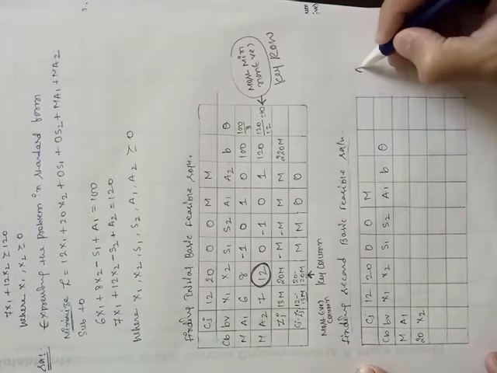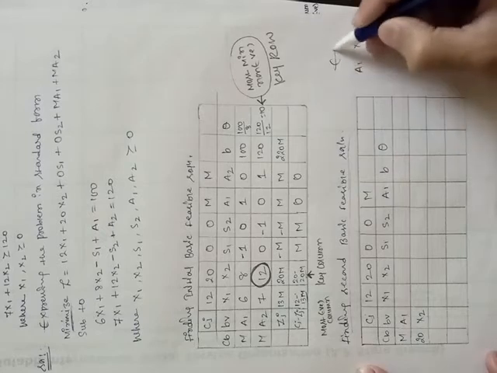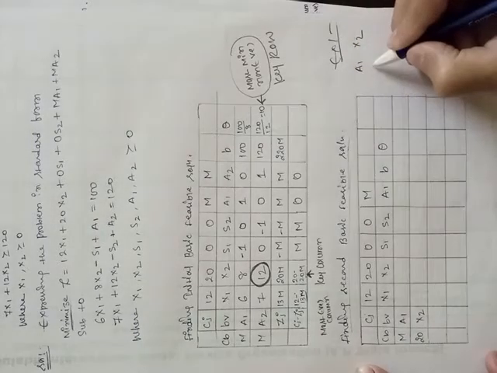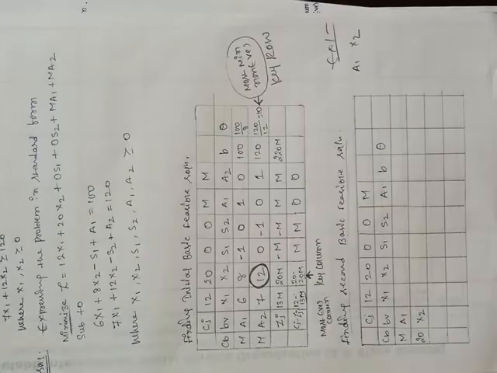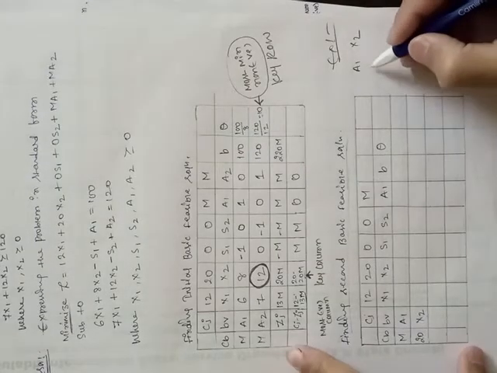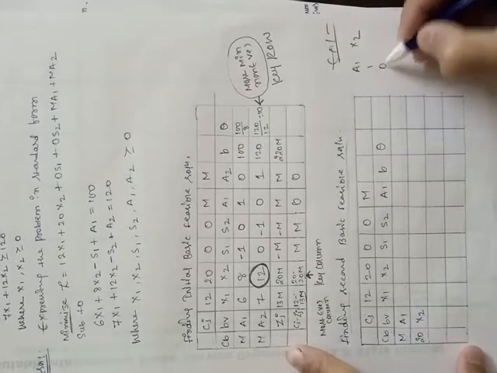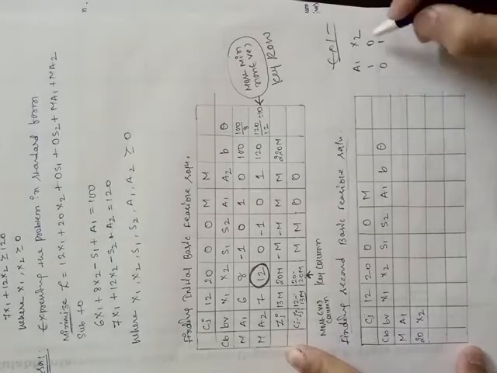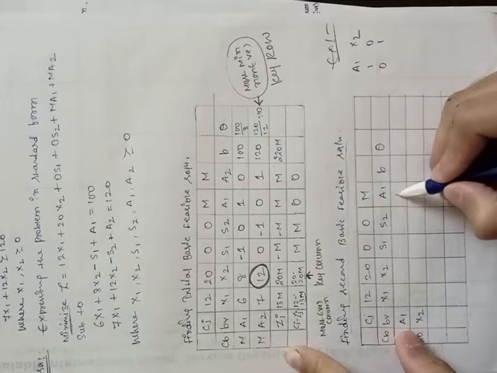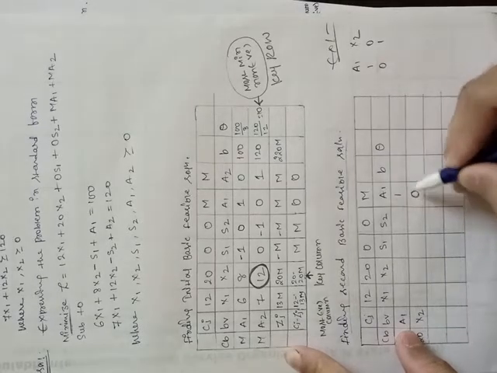Now A1 and x2, just as an example, this is just an identity matrix, that is 1 0 0 1. A1 is 1 0 in the A1 column.